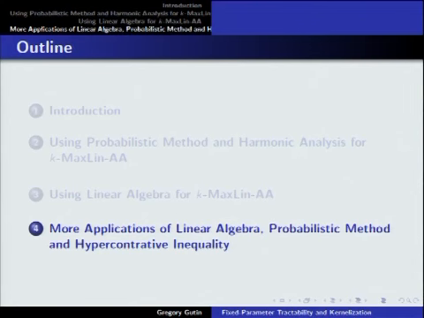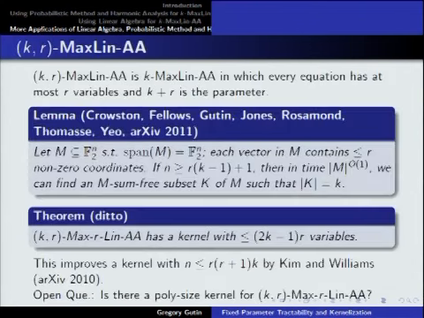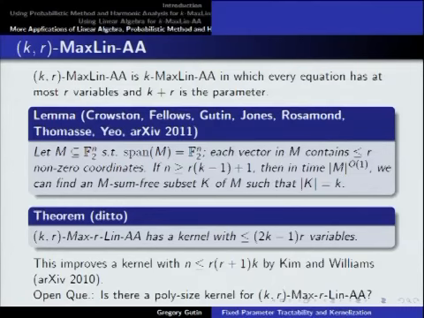Now, let's move on to more applications. Okay, so first of all, let's consider a special case of K max lean above average, which is not absolutely a special case, but anyway, close to a special case. So in this case, every equation has at most r variables, and we have basically two parameters, or one parameter which is the sum of k and r, right?